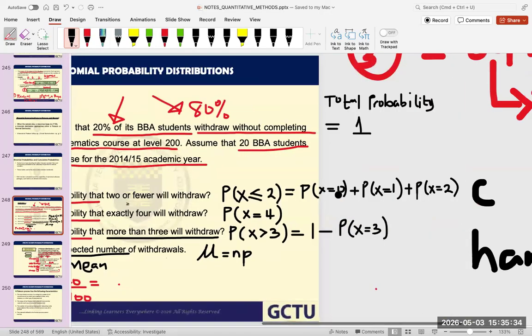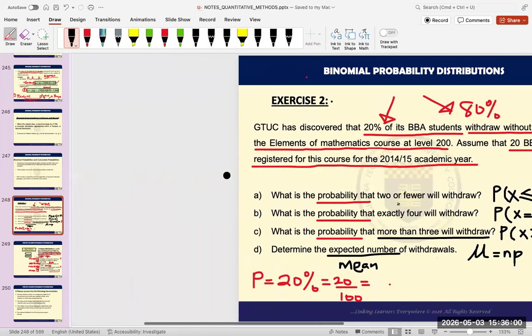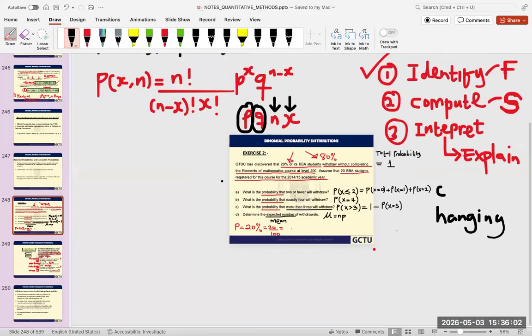We are now calculating probability of x equals 0, probability of x equals 1, probability of x equals 2. Wherever we see x, we put 0 for the first one. And for the second one, wherever we see x, we'll fix 1. And for the third one, wherever we see x, we'll fix 2. So let's do it together now.